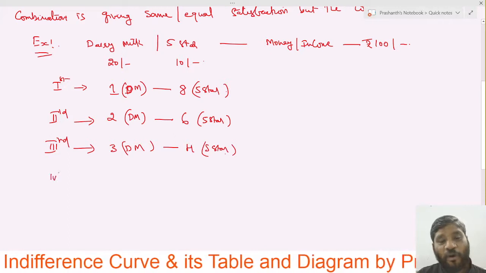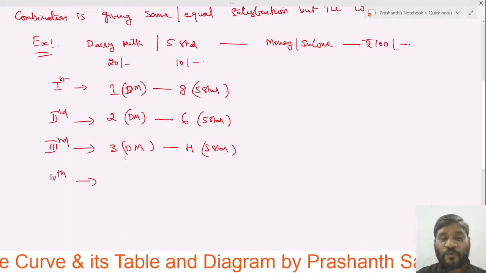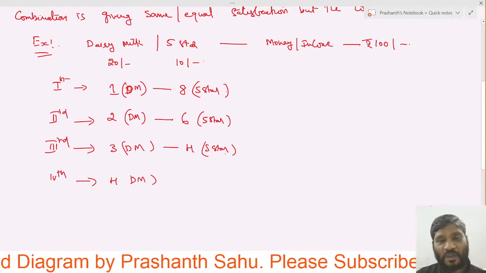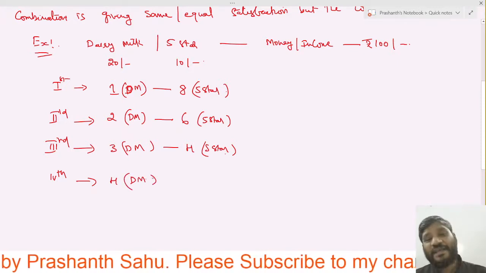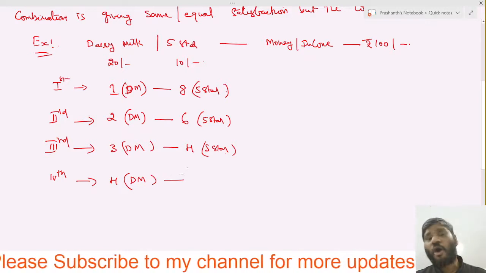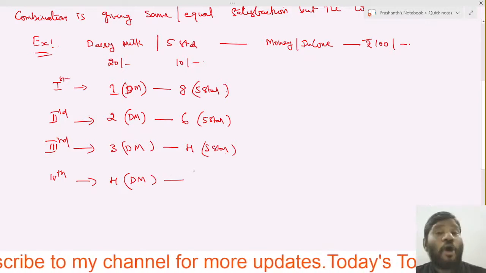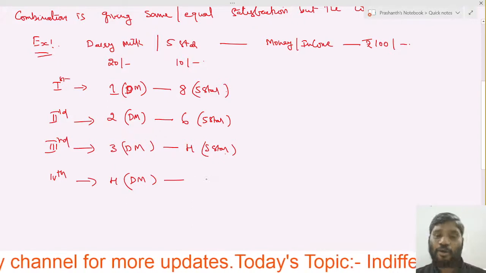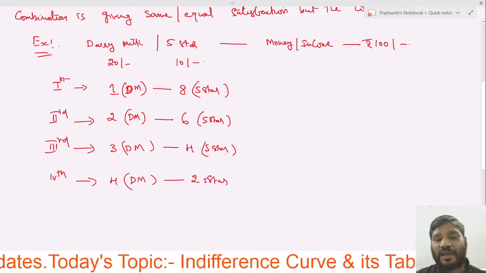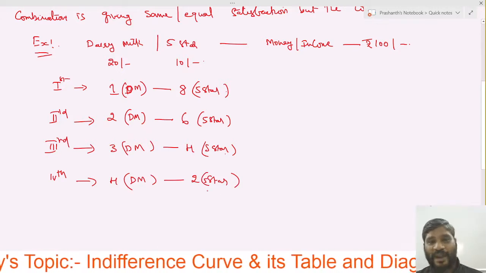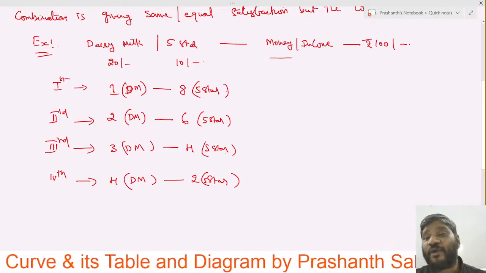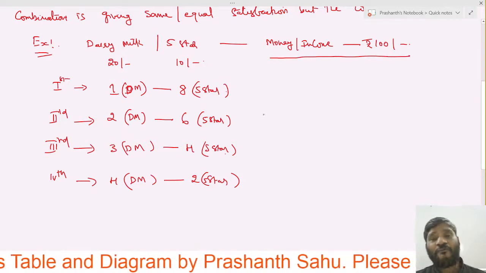Next, the fourth combination. Now he is preferring 4 dairy milk, which is 80 rupees. How much remains? 20 rupees. How many 5-stars will he get? 2. So 2 5-stars he gets. These are the various combinations prepared with the help of the money income of 100.